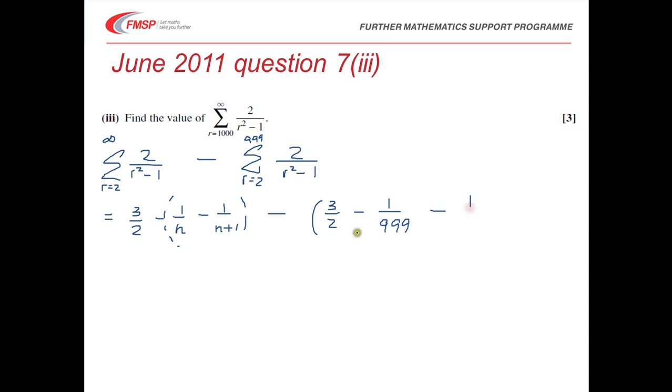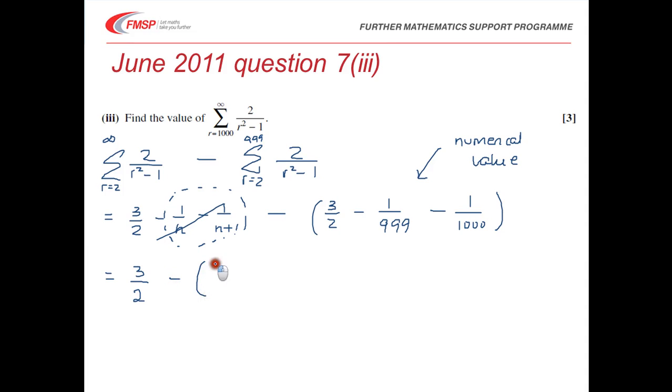And it was minus 1 over n plus 1, so that's going to be 1000. So this is going to be a numerical value here. But we have to be careful, because as n tends to infinity, each of these terms are going to disappear because they tend to naught. So we're only going to be left with the 3 over 2 here, and then we have this 3 over 2 minus 1 over 999 minus 1 over 1000.